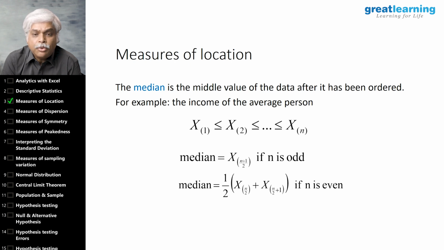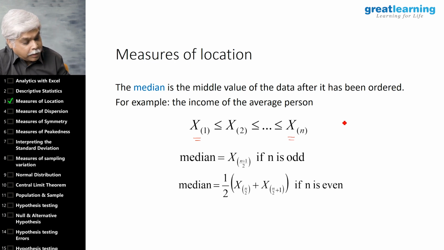How is the median therefore calculated? Simply sort all the numbers, x1 being the smallest and xn being the largest. For example, let us consider the case n is equal to 5, in which case I have 5 numbers.